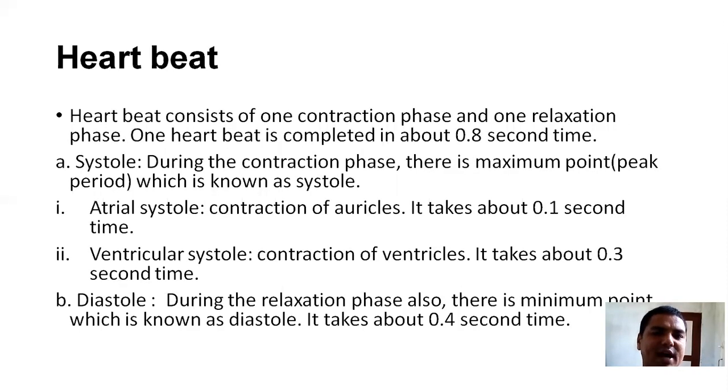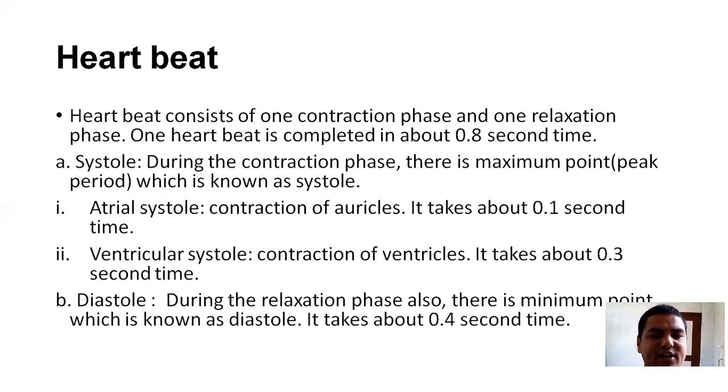Heartbeat. Heartbeat consists of one contraction phase and one relaxation phase. One heartbeat is completed in about 0.8 second. It consists of two phases, systolic and diastolic. Systolic means contraction of the human heart, and it is divided into two parts.